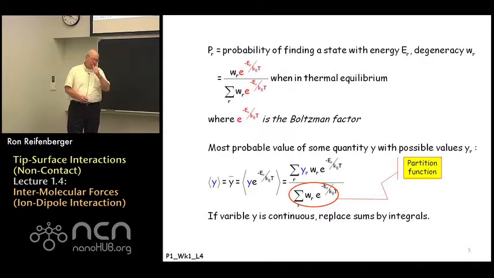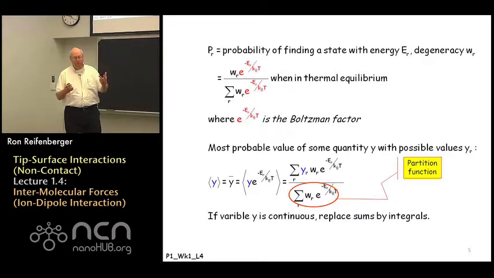So the probability of finding a state with energy E in a system that's in thermal equilibrium is given by multiplying the multiplicity or weight of each state.